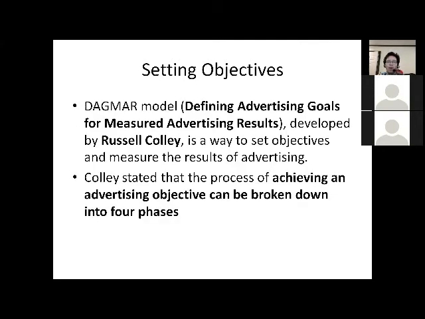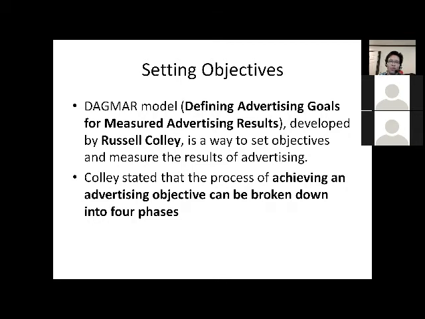Then we have what we call the Dagmar model. Dagmar is an acronym for defining advertising goals for measured advertising results. The Dagmar model was developed by Russell Colley. He wanted to find a way to set objectives and measure the results of advertising.